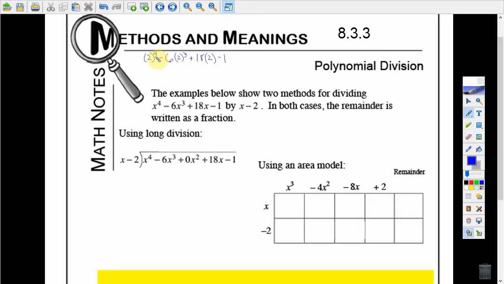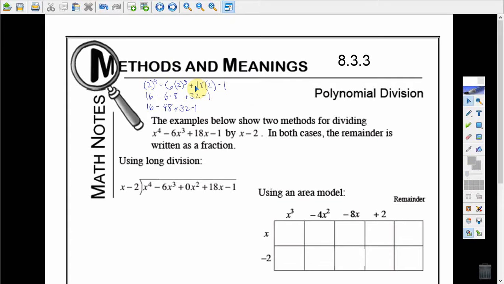So 2 to the 4th is 16, minus 6 times 8, plus 32, minus 1. So 16 minus 48 plus 32 minus 1.